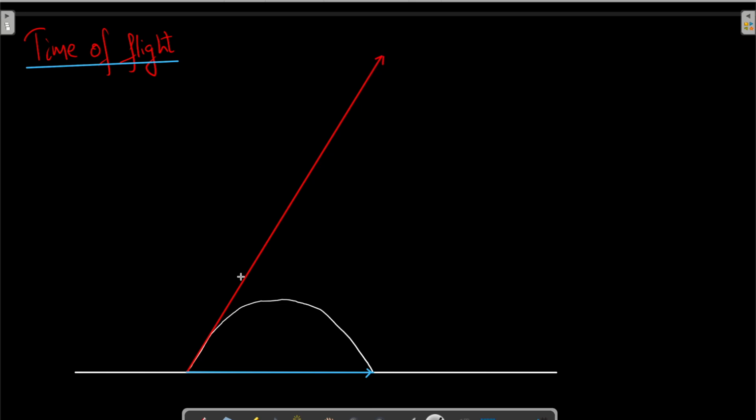This is the initial velocity vector scaled by tau. I need to draw this perpendicular to the ground. Is this much sufficient? This is looking perpendicular. We'll erase the extra part.